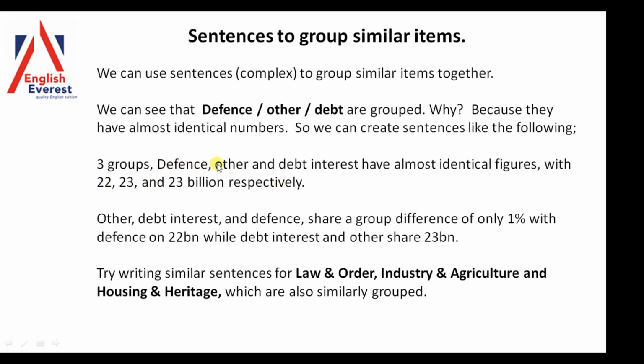Respectively means in order. This order follows this order. Other, debt interest and defence share a difference of only 1%, with defence on 22 billion, while debt interest and other share 23 billion, or you can say are 23 billion each.